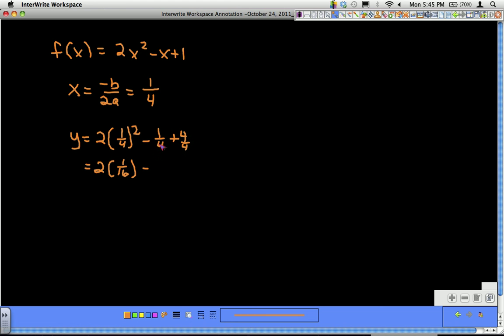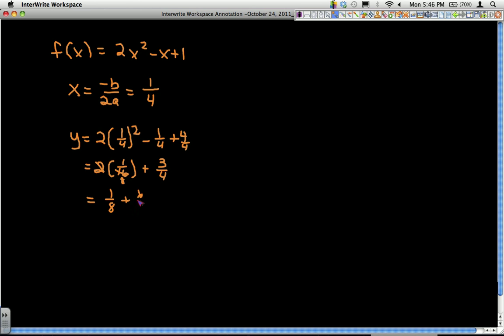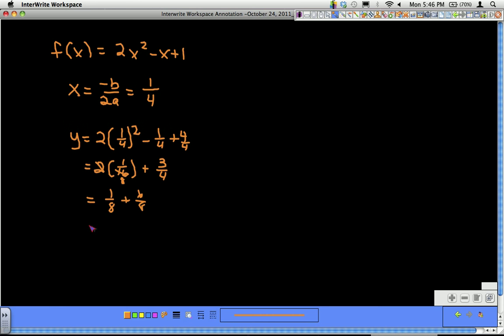So I'm going to get negative 1/4 plus 4/4 is going to be plus 3/4. And this will reduce into 1/8. So now I've got 1/8, and let's do a common denominator again and turn that into 6/8. And I can add 1/8 plus 6/8 and get 7/8. So my vertex for this particular problem, the x is going to be 1/4. The y value is going to be 7/8.